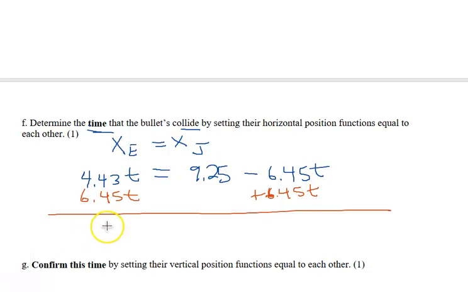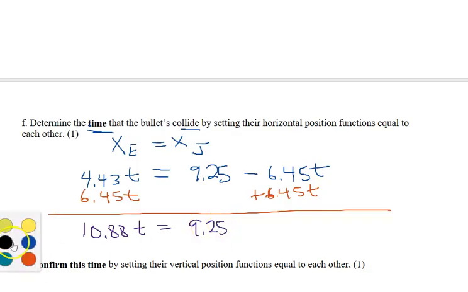And that yields 10.88 t equals 9.25. And then we divide both sides by 10.88.